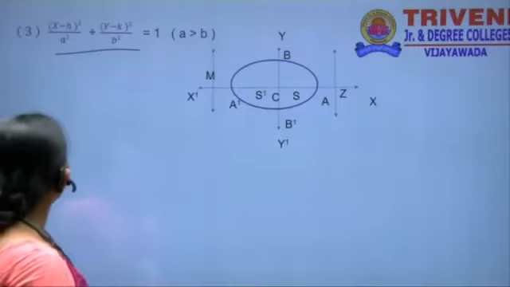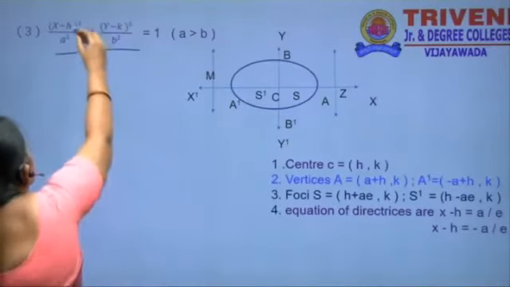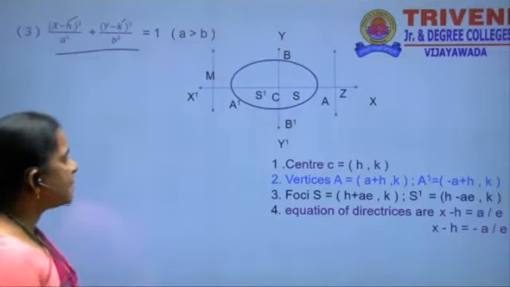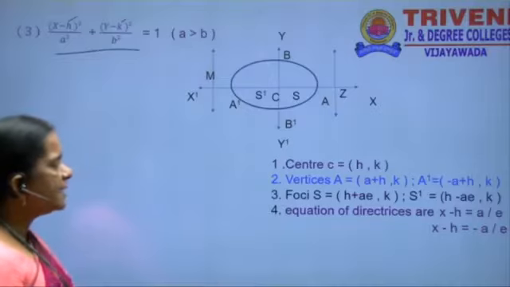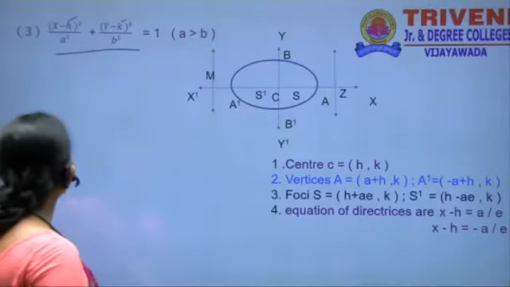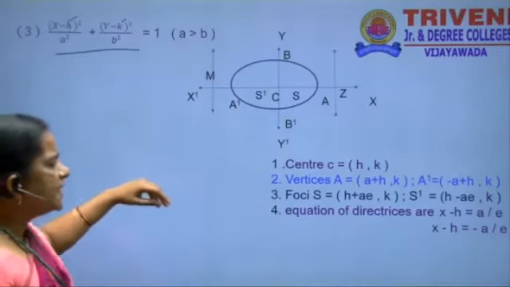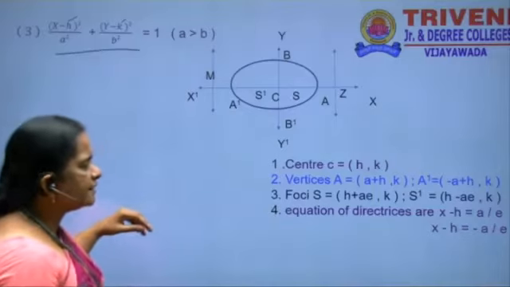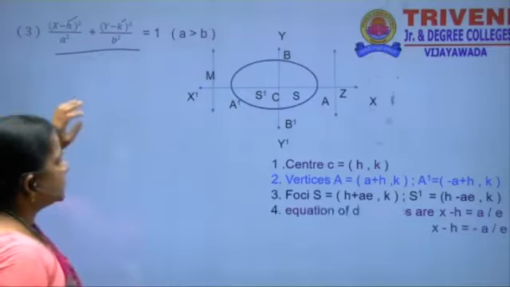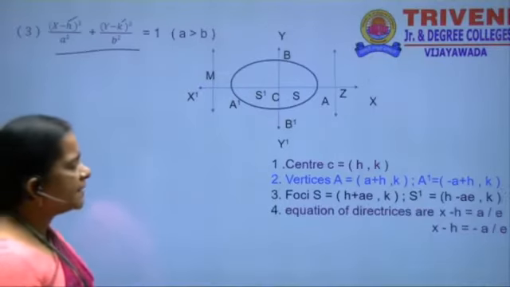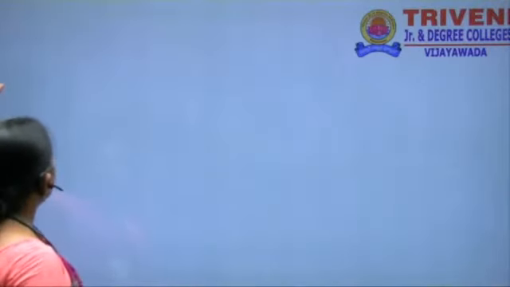Here the center is h comma k, and vertices are a plus h comma k and minus a plus h comma k, and foci are h plus or minus ae comma k, and the equation of the directrices is x minus h plus or minus a by e is equal to 0. Equation of the directrices are x minus h is equal to a by e and x minus h is equal to minus a by e.